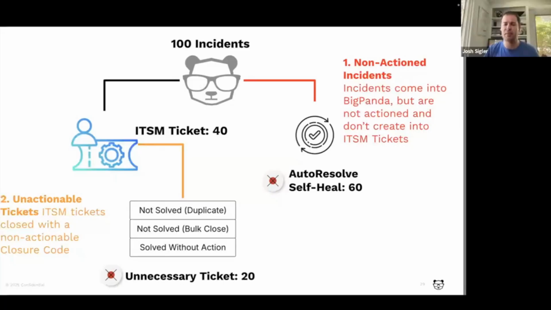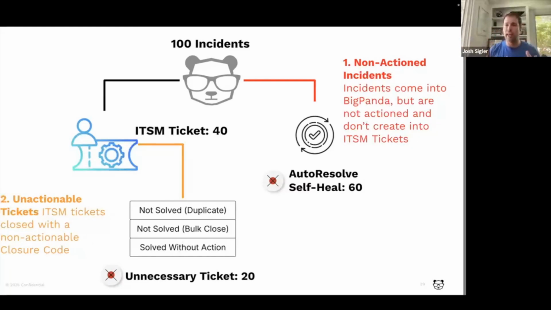If I'm constantly spamming you with incidents saying impacted router, the network is down, the network is down, the network is down, and every time you go in you find the network's back up and you have nothing to do, that's where alert fatigue comes in. I am so tired of looking at the same non-actionable alert over and over again. That may be the one time you actually need to look at it, but in your mind, you've already told yourself, I'm not going to pay any attention to that.